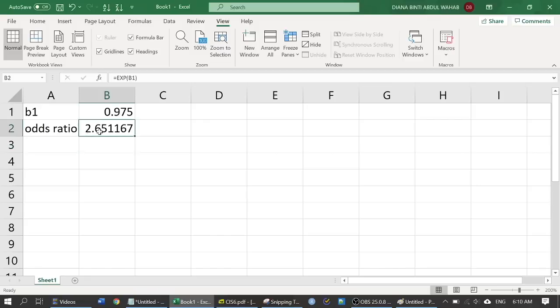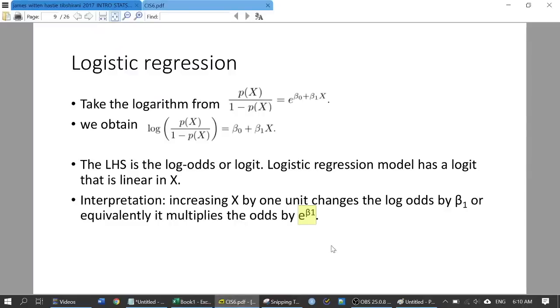So we can say that those with a one unit higher x are 2.65 times more likely to become a defaulter. I'm going to explain about this using the real data in the later part.